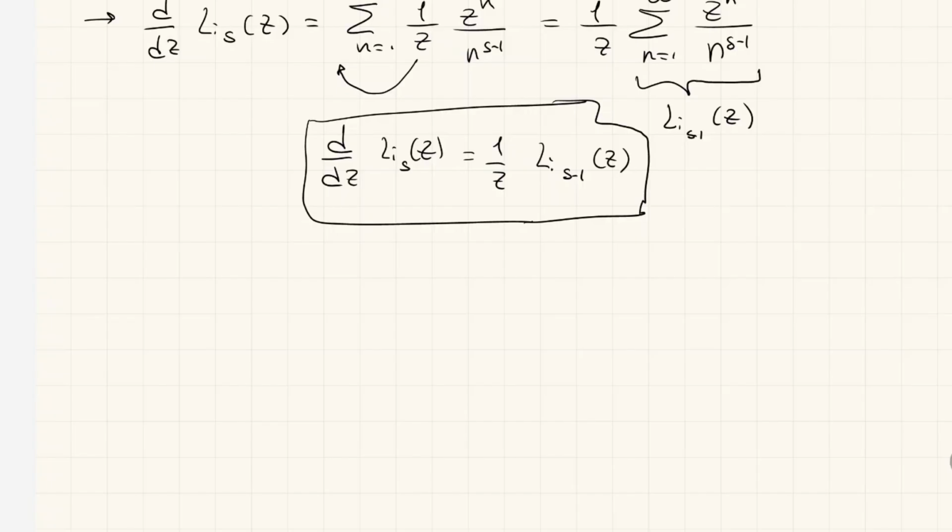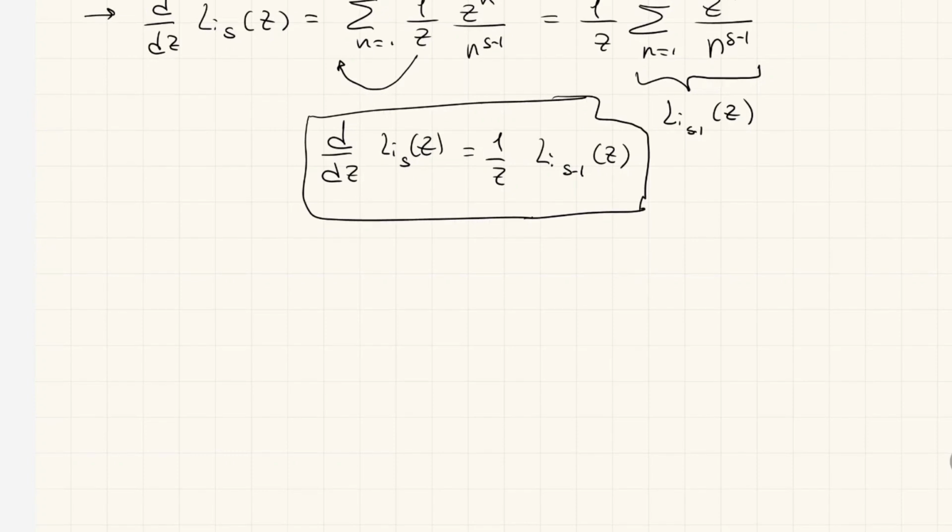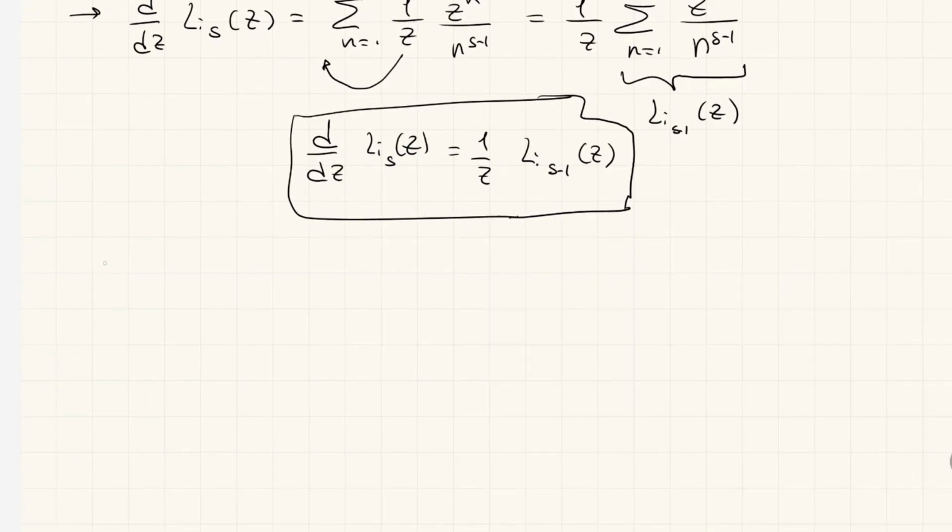So what happens if, for example, we take the integral on both sides of this equation? Let's say that we rename this equation by switching z for x. We are going to get that the derivative with respect to x of Li s of x is equal to 1 over x times Li s minus 1 of x.